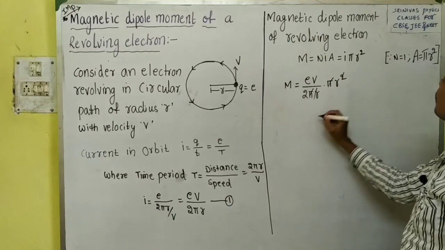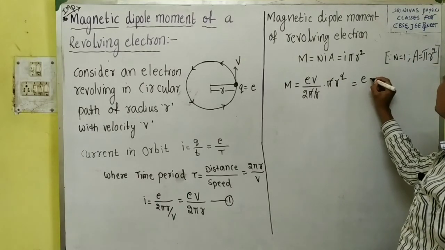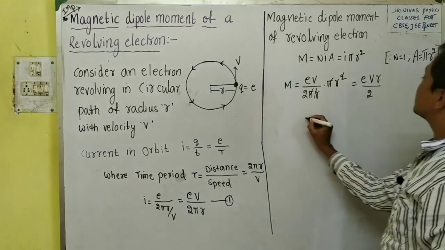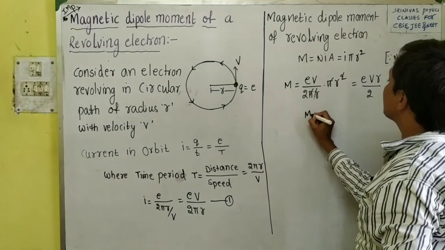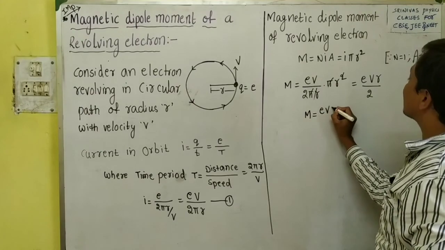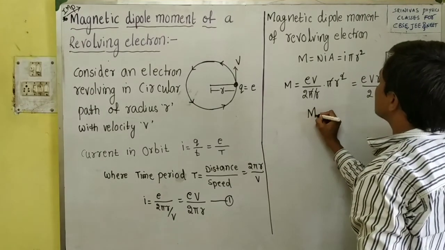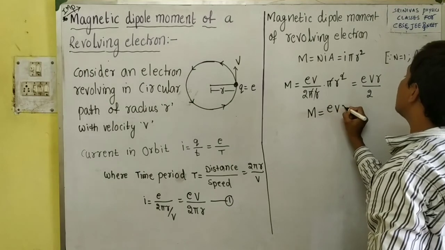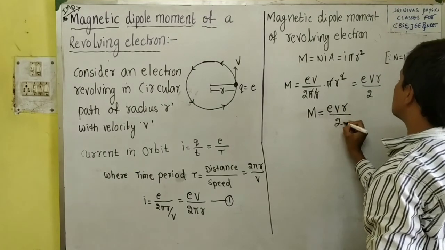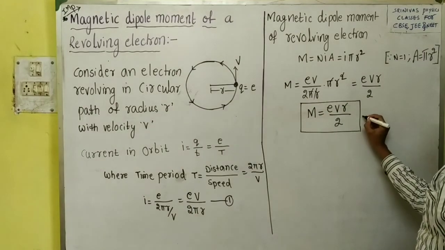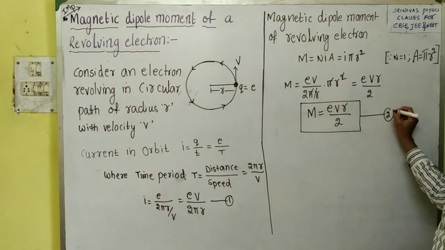The remaining we get is ev, with one r remaining, by 2. This is the magnetic moment. The magnetic moment of a revolving electron is evr by 2. This is equation 2.